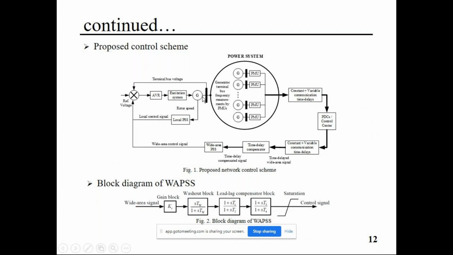So you are getting the rotor speed proportional to this in the context of this wide area PSS design, and ultimately your reference voltage is there, this is your terminal bus voltage, and you get the error which is going to the AVR with the excitation system.